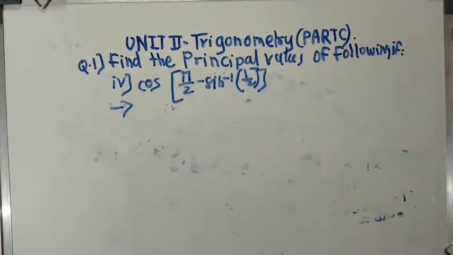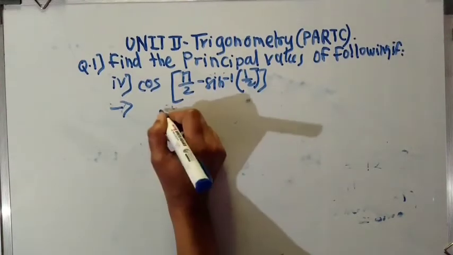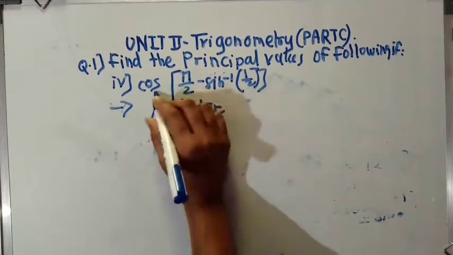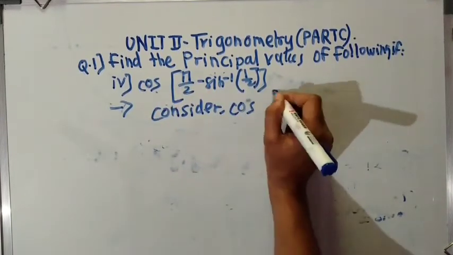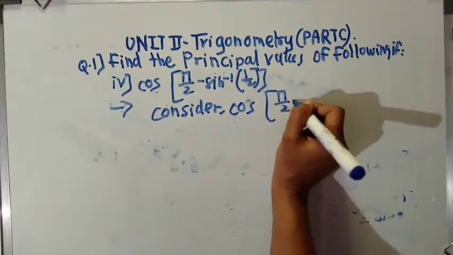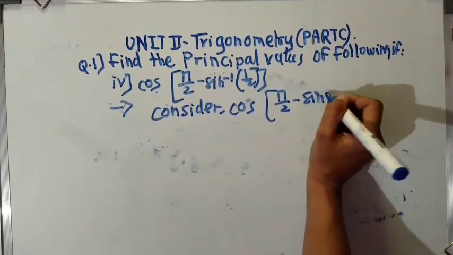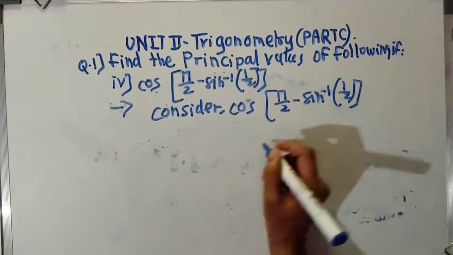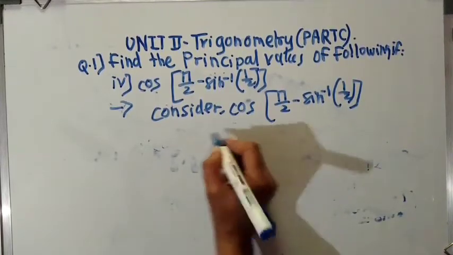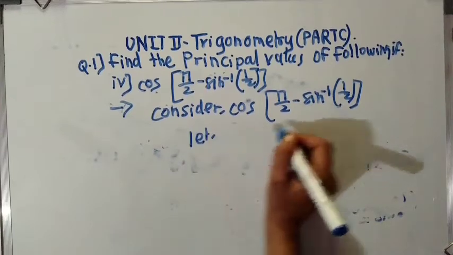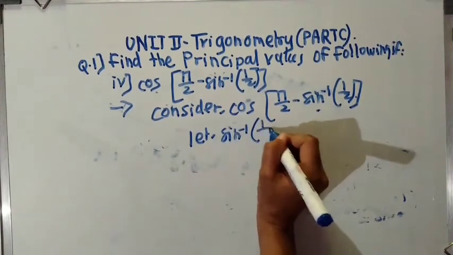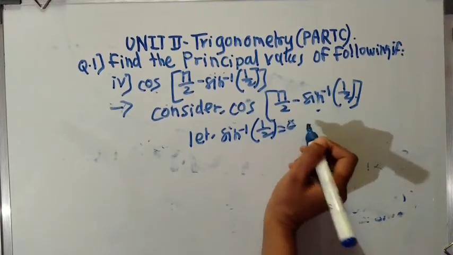So first, let us consider this cos of pi by 2 minus sine inverse of 1 by 2. Let sine inverse of 1 by 2 be equal to theta.